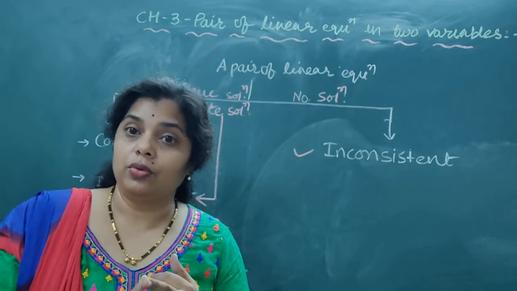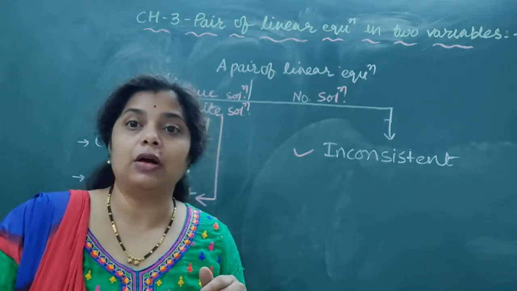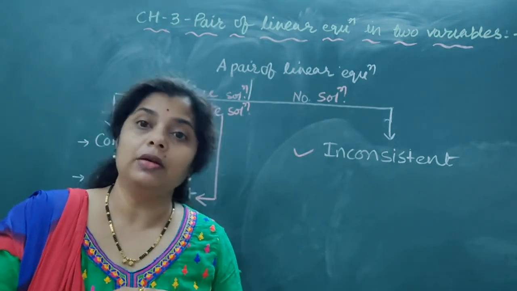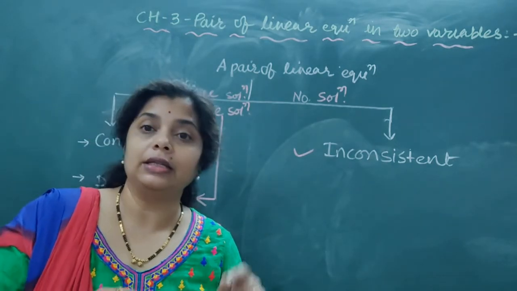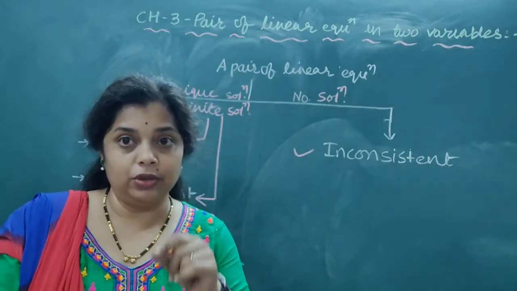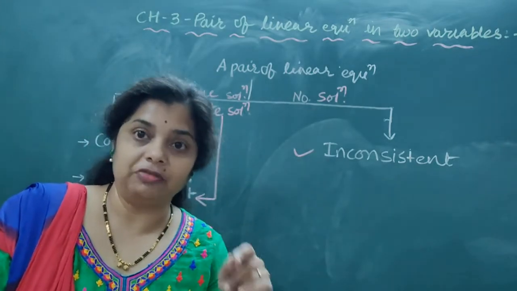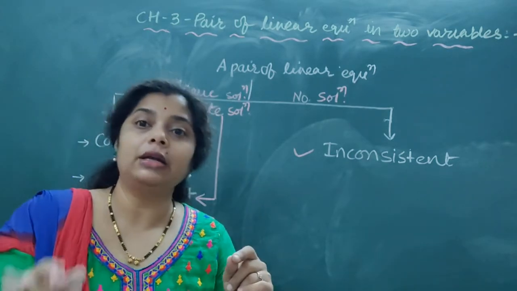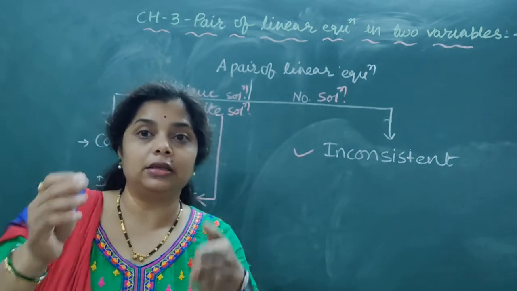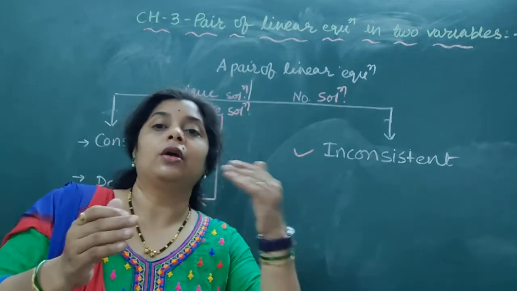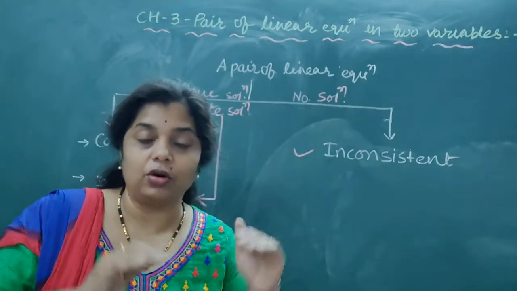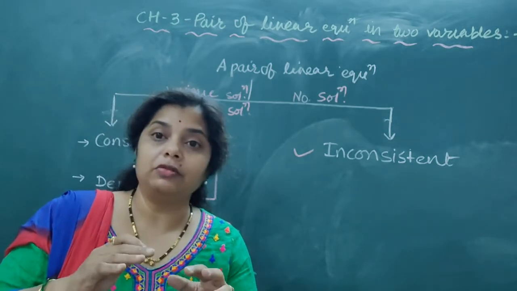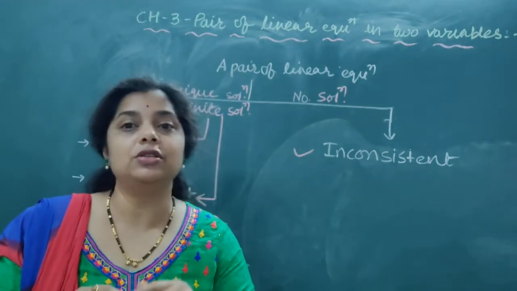No. For that, up till now, what we have studied is that we have to draw a graph, and then we come to the conclusion that this pair has a unique solution, infinite solutions or no solution, and from that we conclude that this pair is consistent, or inconsistent, or consistent and dependent both. For that we used to draw a graph, but there is no need.